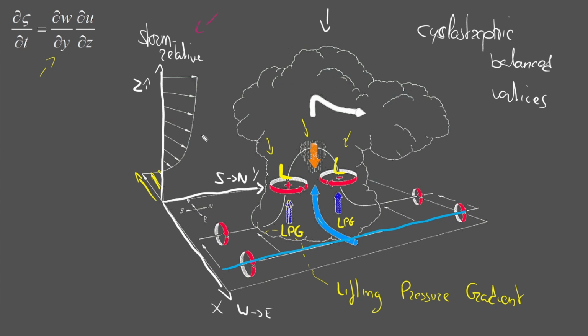Since it's moving in that direction and it's seeing inflow from the east, both this one and this one get the same supply of inflow into the storm. This arrow is the inflow. So we need to do something to the storm for it to spin this one preferentially up.